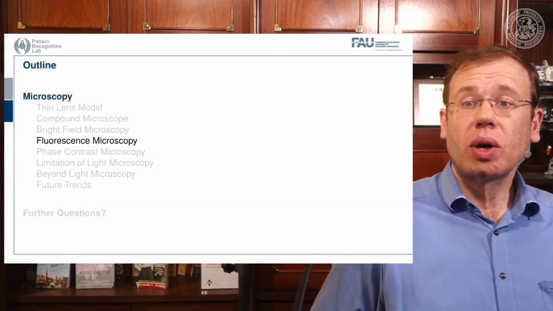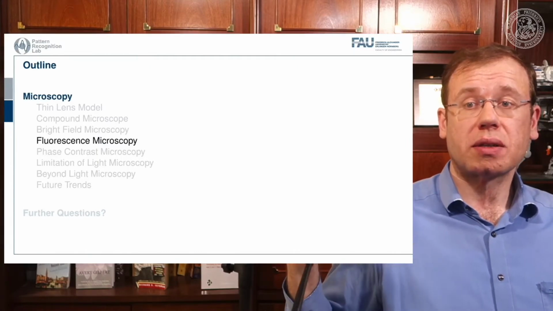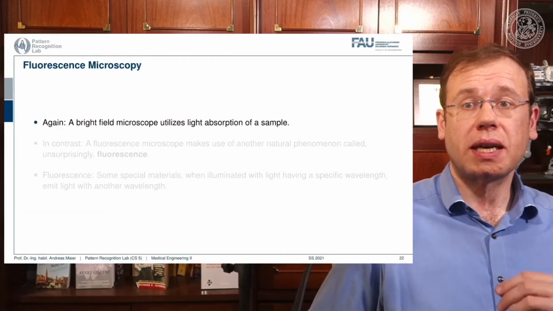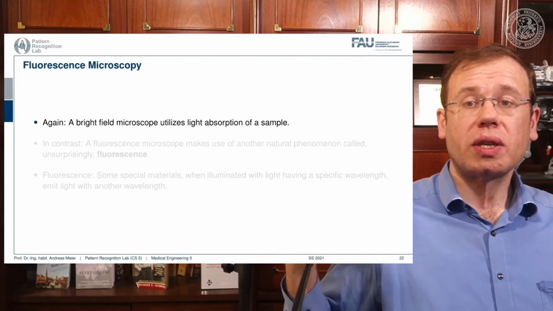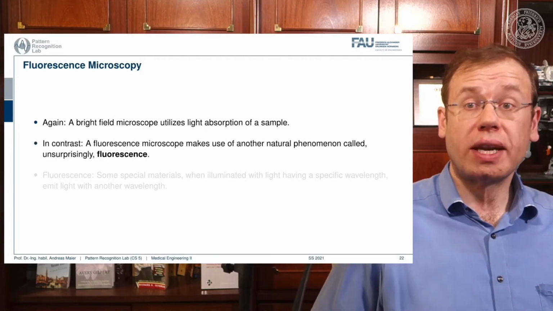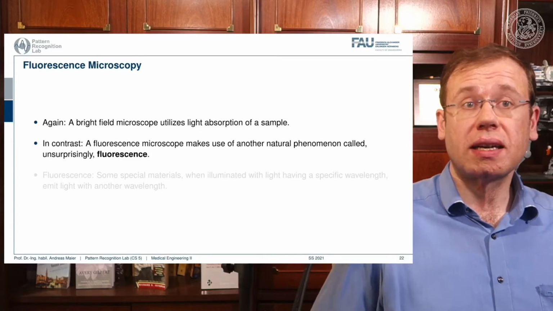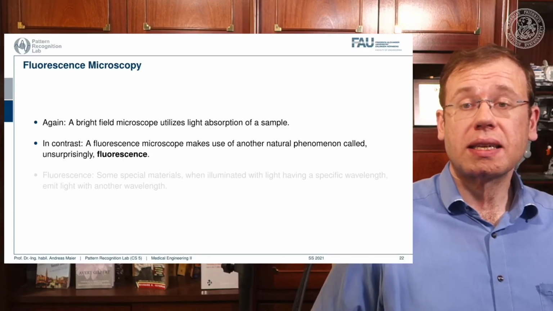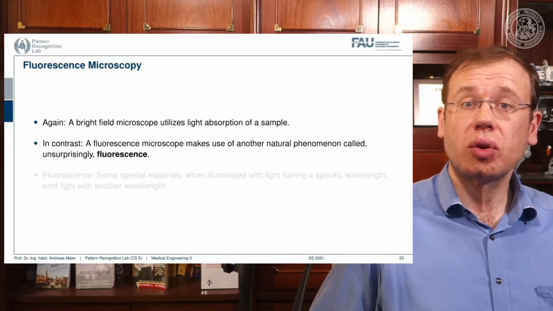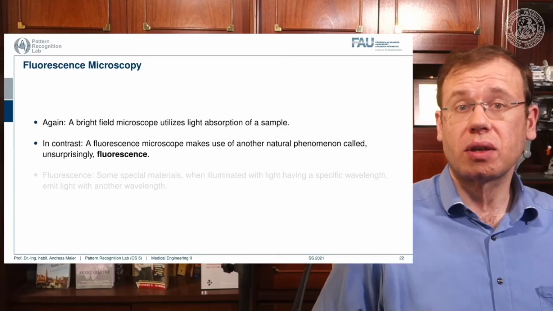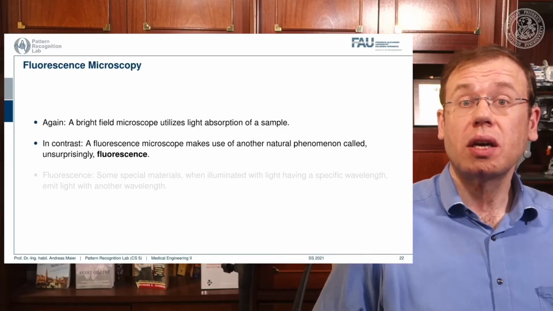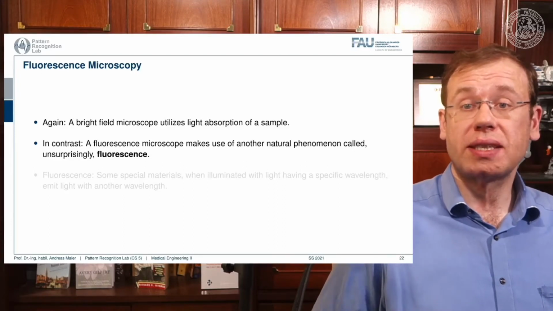Well, what else? We have fluorescence microscopy. Now in fluorescence microscopy, again, we use essentially a Brightfield microscope, but what we now want to do is we want to use the fluorescence effects that give us the signal. So this is another phenomenon that can be indicated by using particular light in order to start a resonance of a particular contrast agent, for example, to produce a specific light characteristic, and then we image this fluorescence effect.